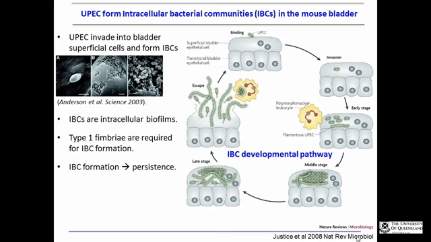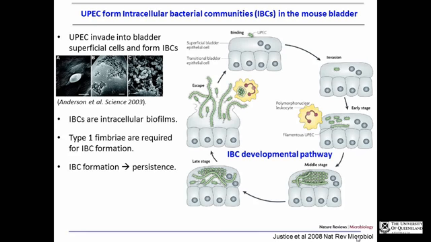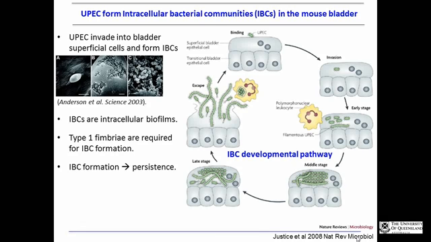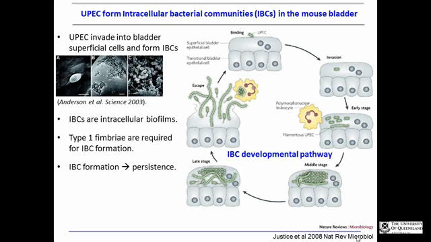They then invade bladder epithelial cells and begin to replicate in these cells to form what has been defined as intracellular biofilms. It's believed that these intracellular biofilms contribute to persistence of the bacteria in the bladder. We also know that they can burst out or flux out of these cells and colonise adjacent sites within the bladder. And type 1 fimbriae are required for this process.